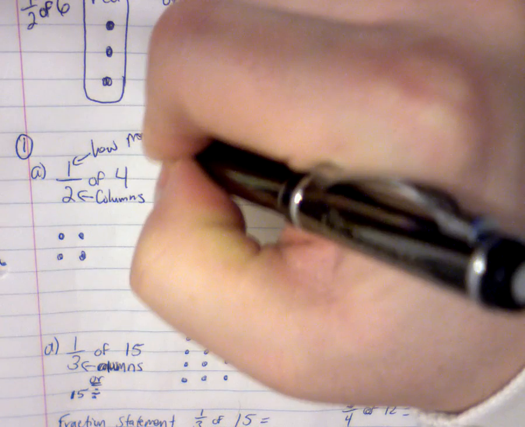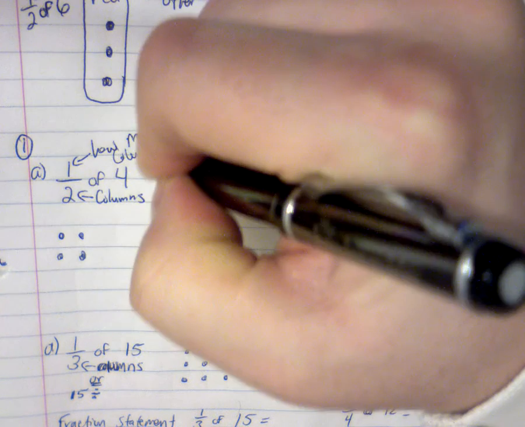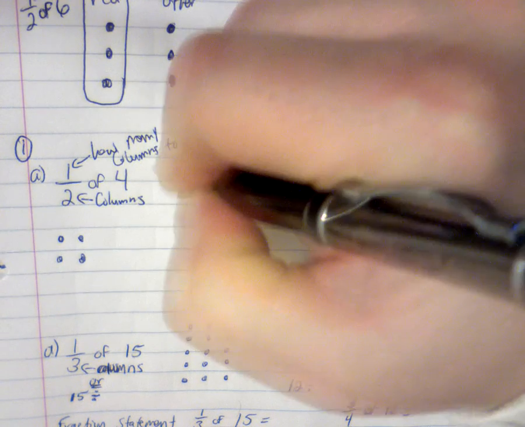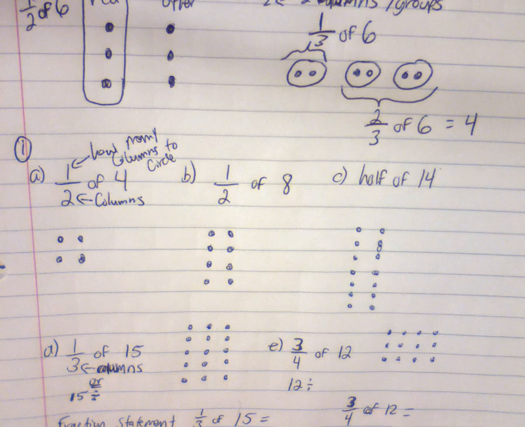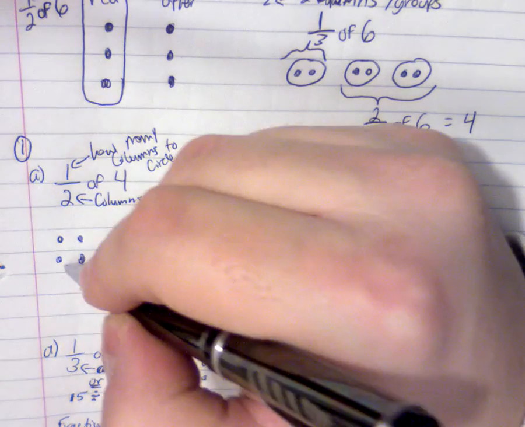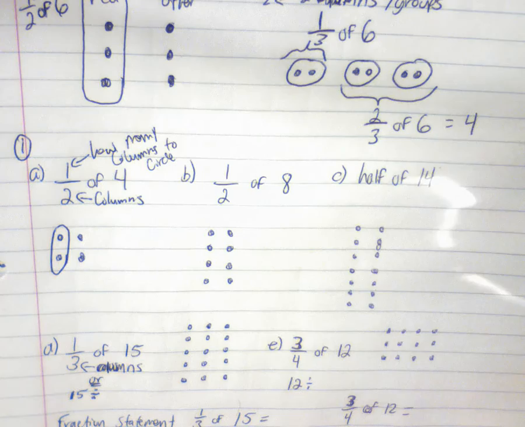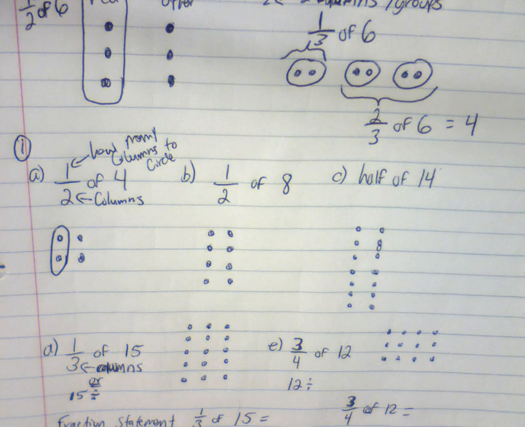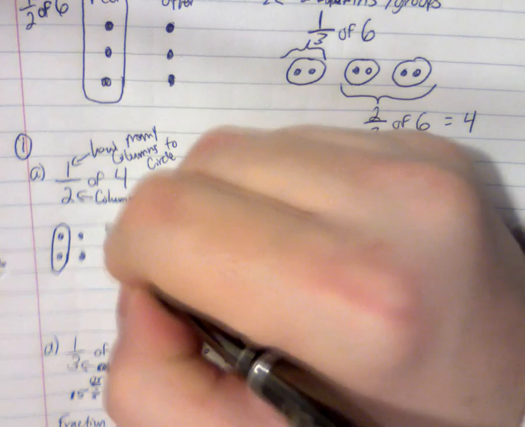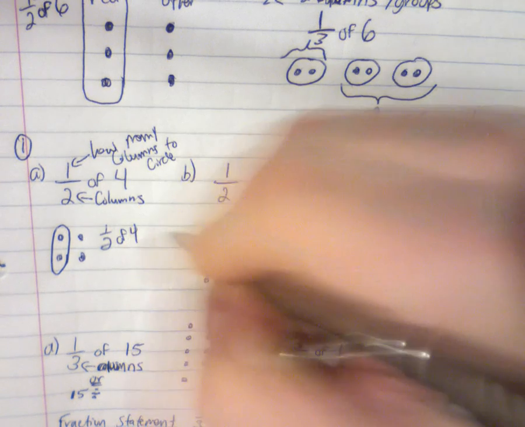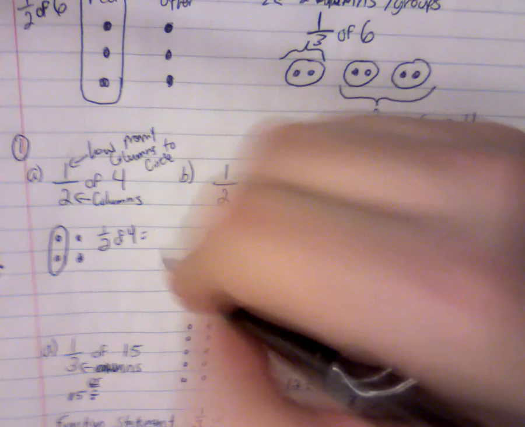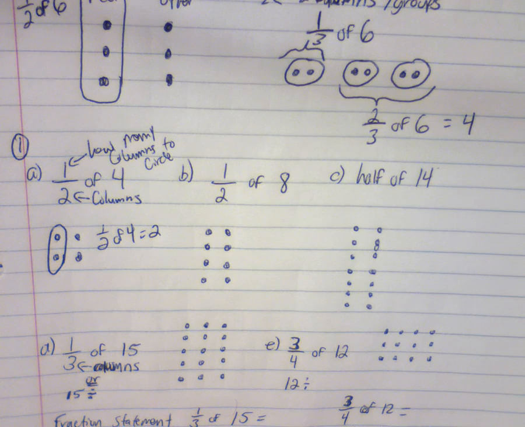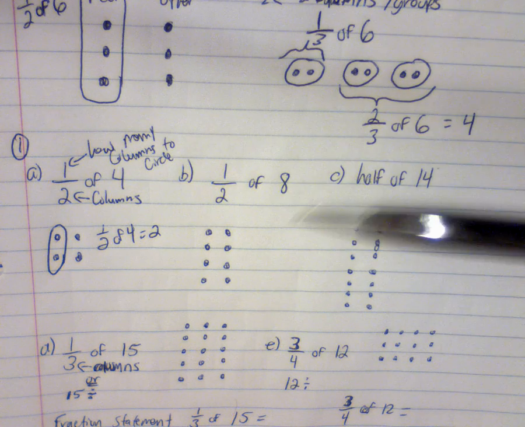So we're going to circle 1. So 1/2, let's just write it out. 1/2 of 4 equals what? 1, 2. Equals 2.